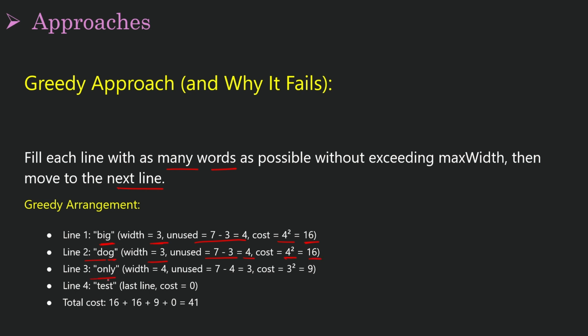Line 3, "only", width equals 4, and unused equals 7 minus 4 equals 3, cost equals 3 squared equals 9. Line 4, "test", last line, cost equals 0. Total cost, 16 plus 16 plus 9 plus 0 equals 41.